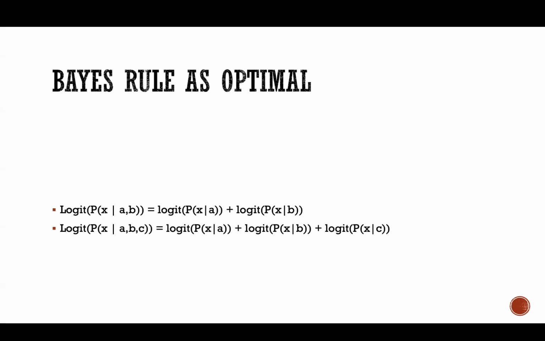When we're working with additions, logit P(X given A) plus logit P(X given B) is equivalent to the posterior here. And as the posterior in the next trial or in the next moment becomes the prior and is added to a new likelihood, we can just unfold and say we're taking them into account all at the same time.